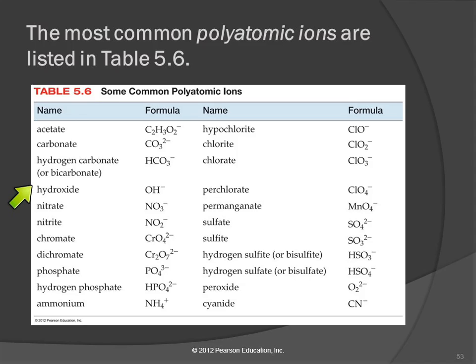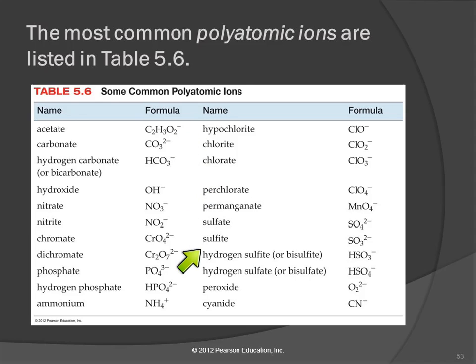There's hydroxide, nitrate and nitrite, chromate, dichromate, that's a weird one. Phosphate, here again with the hydrogen. Hydrogen phosphate, we're just putting a hydrogen ion on the phosphate. This one is very unusual. This is the only positive polyatomic ion that we will deal with. Ammonium.